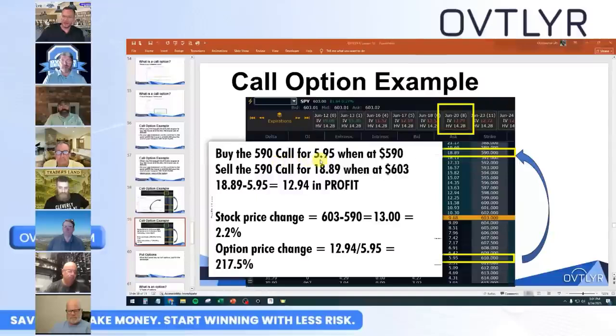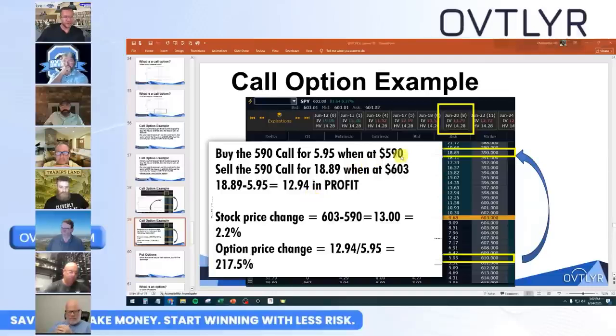You bought the 590 call for 5.95 when it was trading at 590. You sell the 590 call for 18.89 when the price of the stock is at 603. So your profit in this case is 18.89, which you sold it for, minus the 5.95 that you bought it for. That's $12.94 in profit.